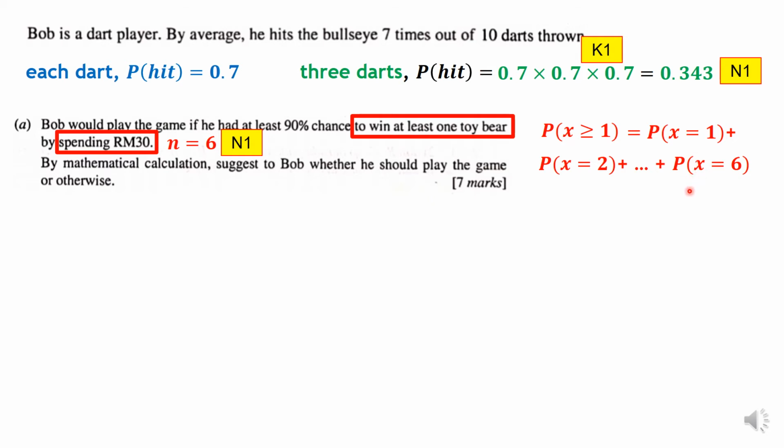Or you may use a shortcut, an easy way to determine the probability of at least one toy bear was won: 1 minus the probability of no toy bear was won, right? So then we go on to our working.